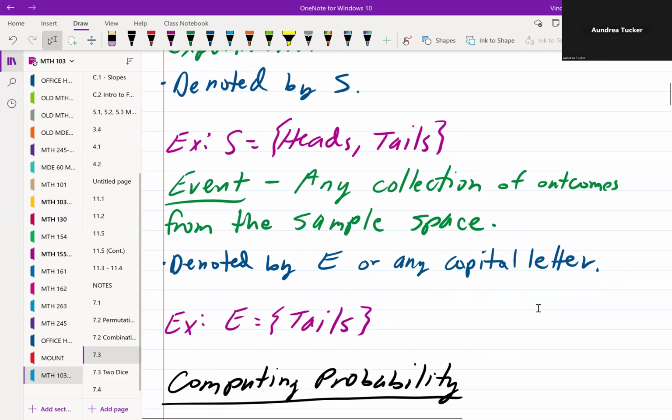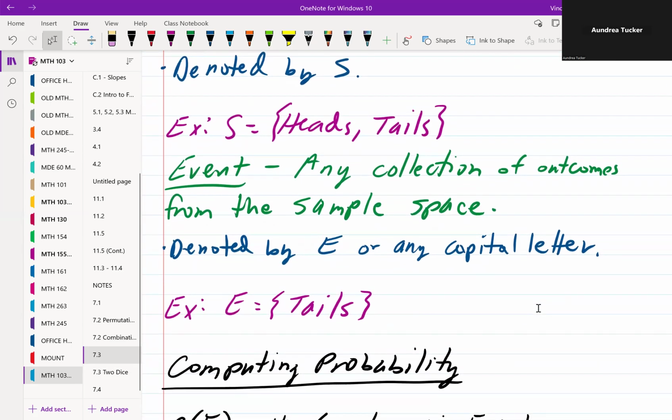So my coin landing tails face up, my event would be tails.